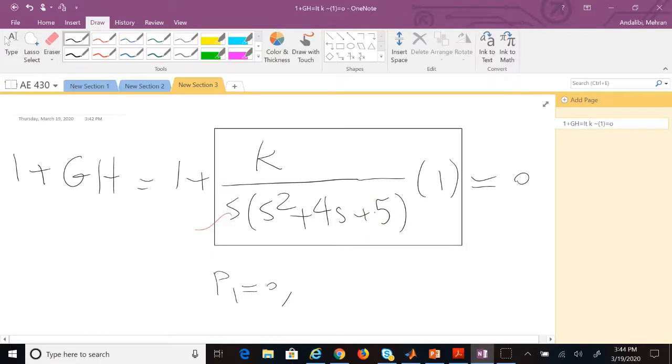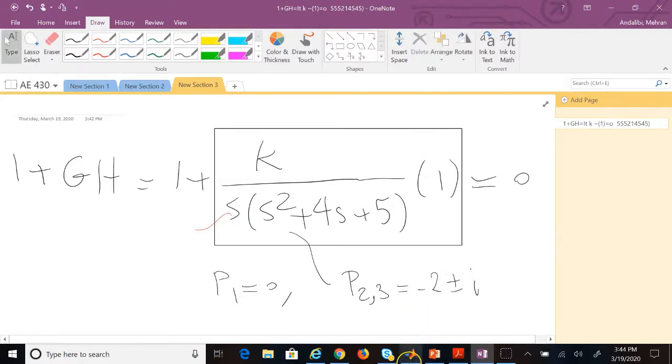It actually has complex roots, and if we find them, P2 and P3, which should always be complex numbers, should be what? Negative b prime plus or minus the square root of b prime squared minus ac, which is negative 1, so you should get negative 2 plus or minus i, right?